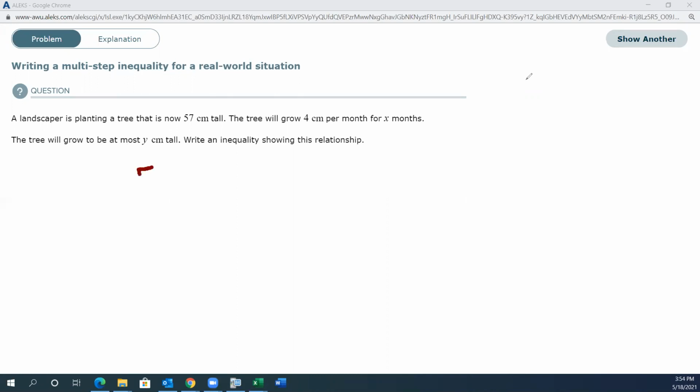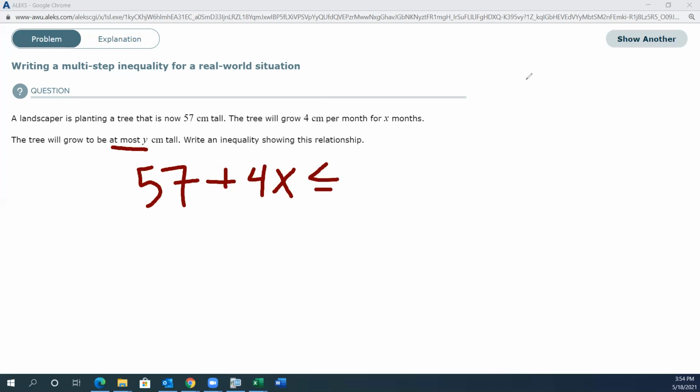So right now it's 57 centimeters, and that height is going to grow. So plus, if it was shrink, it'd be minus, and it'd be a very weird tree. Grow 4 centimeters every month for X months. Okay. And that is going to be keywords at most.